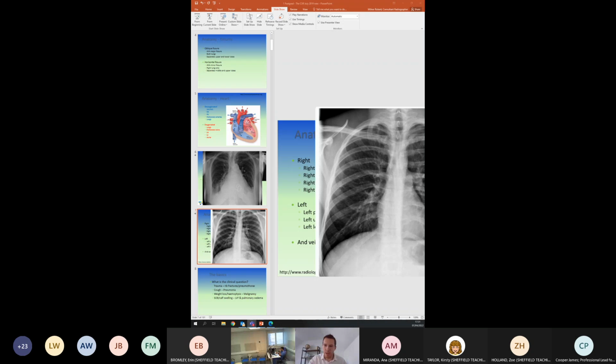Bones, Idiostine, Areas times 4. As long as you go through those every time you look at an image, then you should be looking at everything on the image. There's everything covered there.